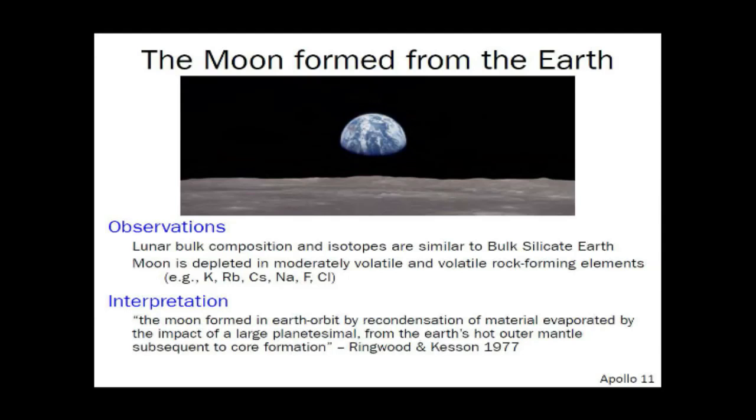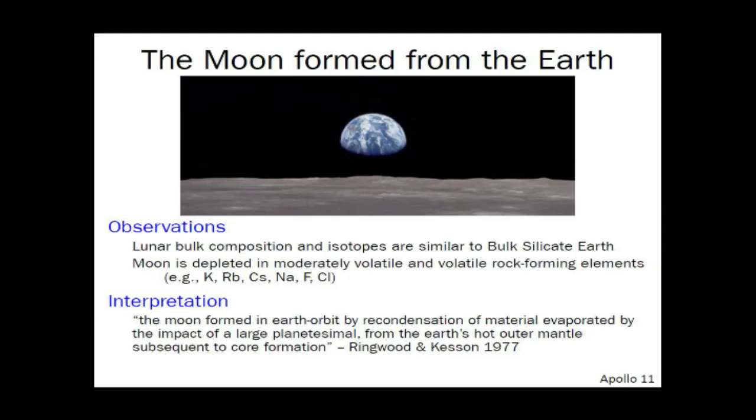You can think of bulk silicate Earth as everything except the core. So the rocky parts of the Earth are similar to the Moon, with the exception that the Moon is depleted in volatile and moderately volatile rock-forming elements. I'm not talking about water specifically here. The Moon is dry compared to the Earth. But we're talking about the elements that will outgas at the lowest temperatures from a silicate melt.